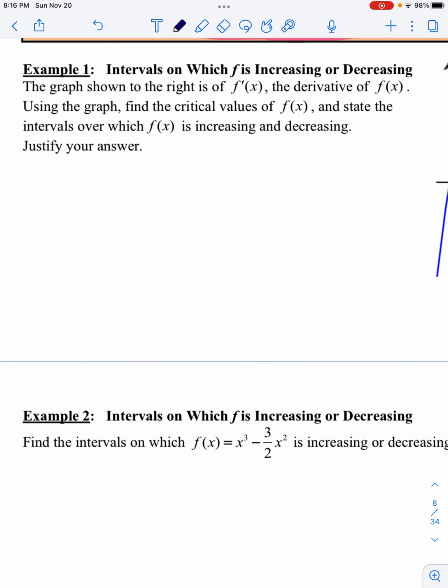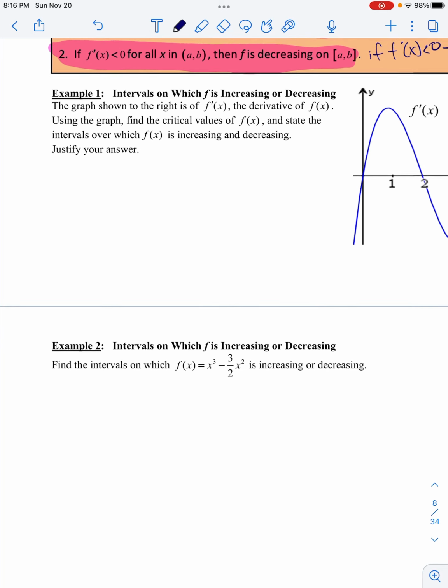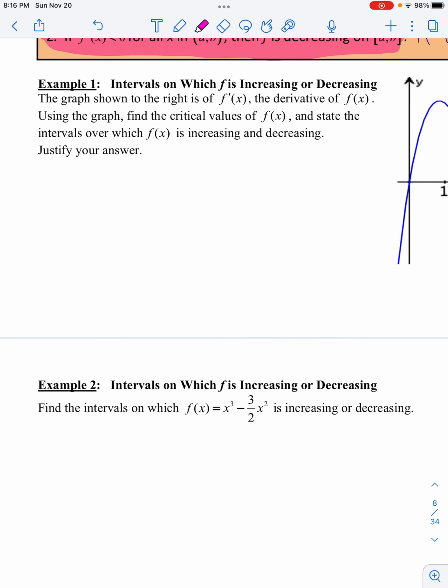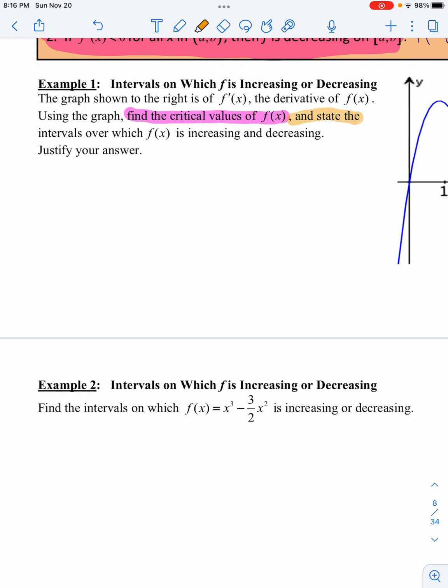So let's look at this first example. What are they asking us? Find the critical values of f of x. That's the pink. What else do they say? They say state the intervals over which f of x is increasing and decreasing.